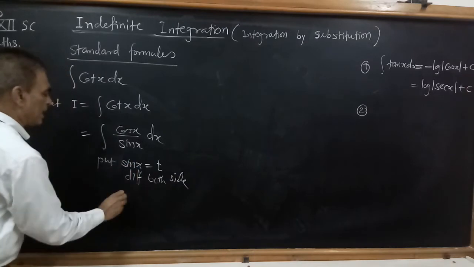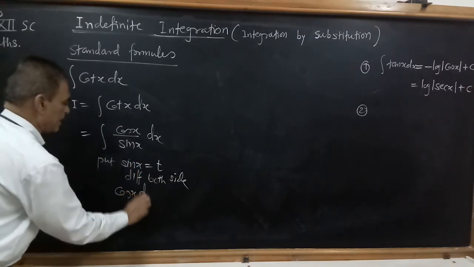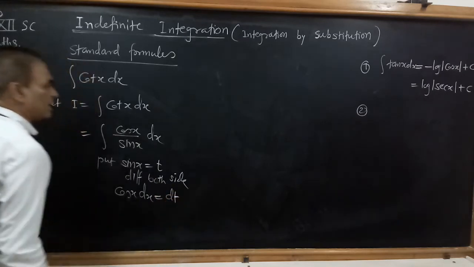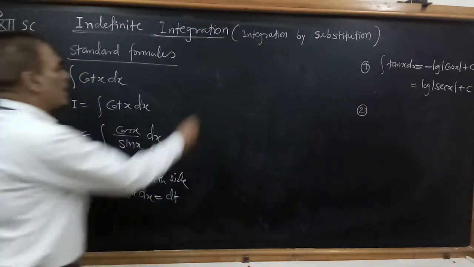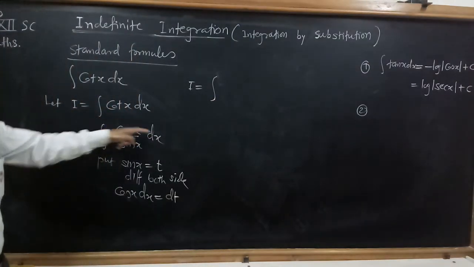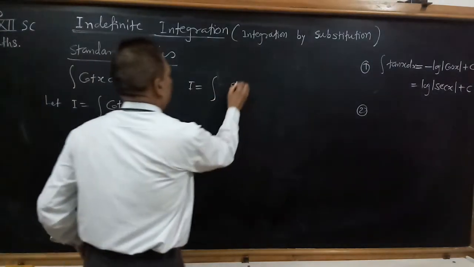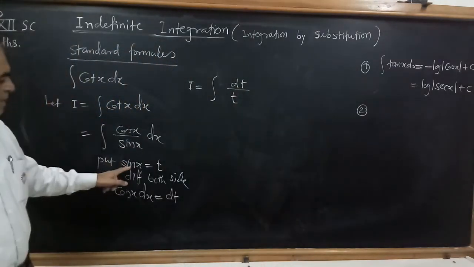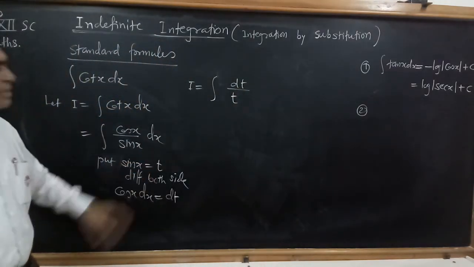What is the derivative of sin x? Cos x dx. What is the derivative of t? 1 dt. Not necessary to write 1. Therefore, our question I is nothing but integration of cos x dx is nothing but dt. And what about sin x? Sin x is nothing but t, because I am substituting sin x is equal to t.